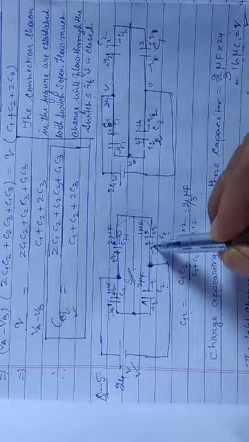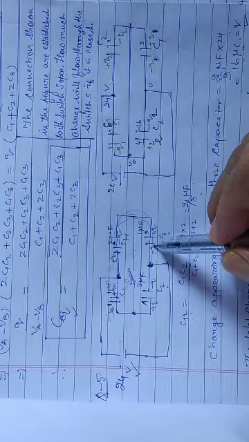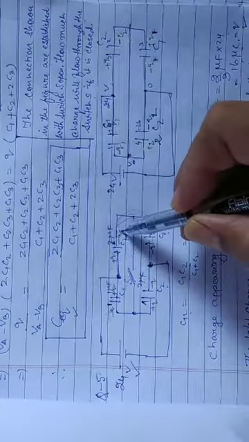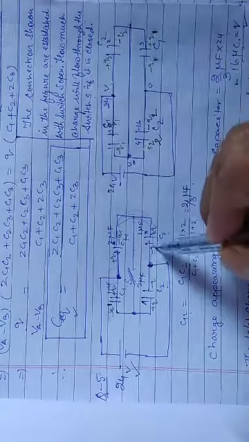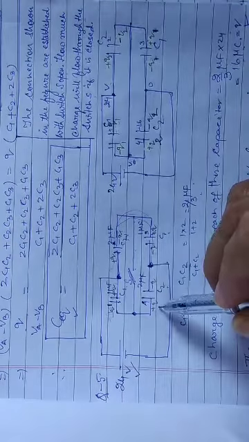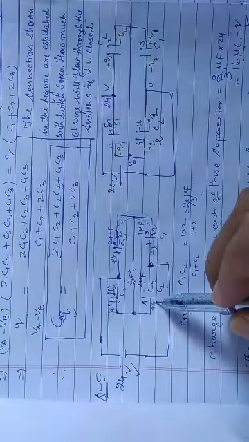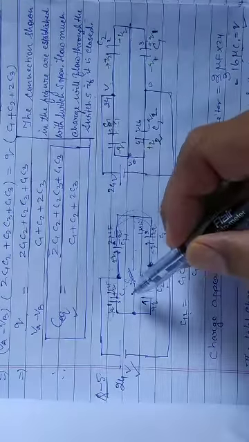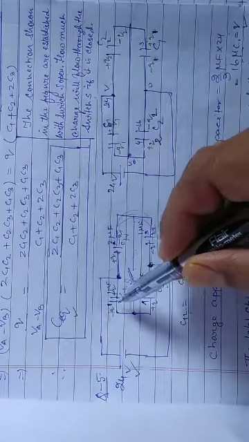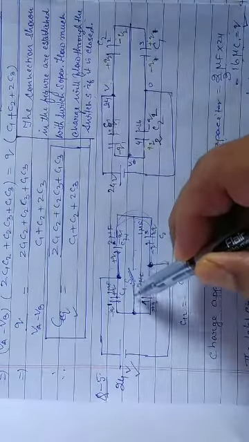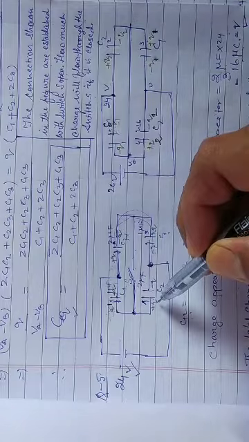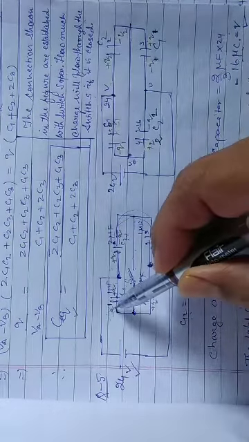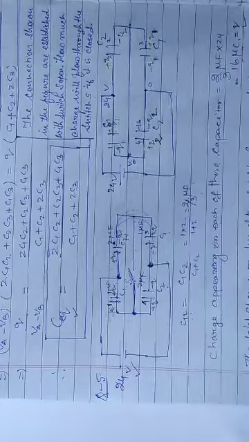These two are connected in series, so they will store an equal amount of charge. Further, these two plates form an isolated system, so here it is minus Q, then it will be plus Q, then it is minus Q. Similarly here also, it will be plus Q, here it is minus Q. So now you can see that for plates 1 and 4, which are connected to the switch S, the total charge is minus Q plus Q, that is 0.